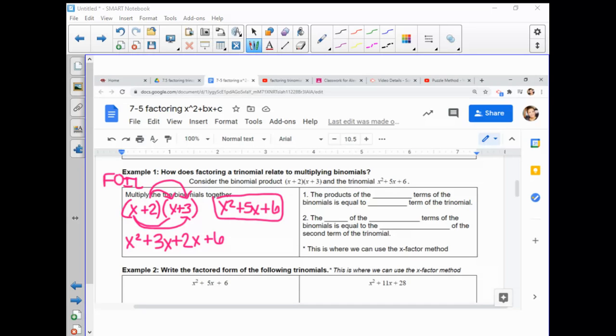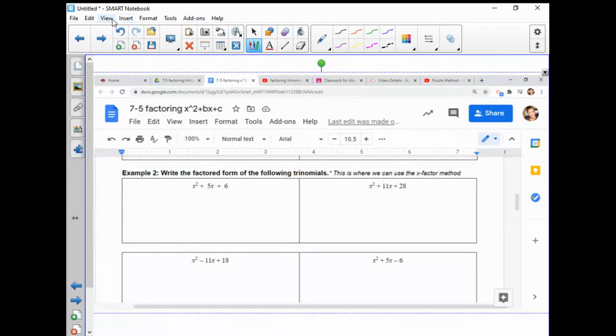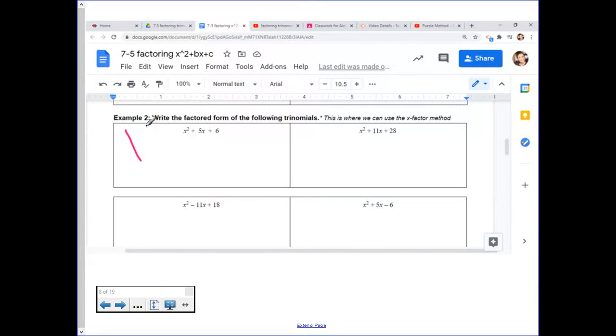We're going to mainly focus on doing the problems. You're going to understand more when you actually see a problem done. So we're going to go down to example 2. We have to do the X factor method, or you can do the puzzle method, whichever way you like. But the last term is 6, goes in the top of your box.